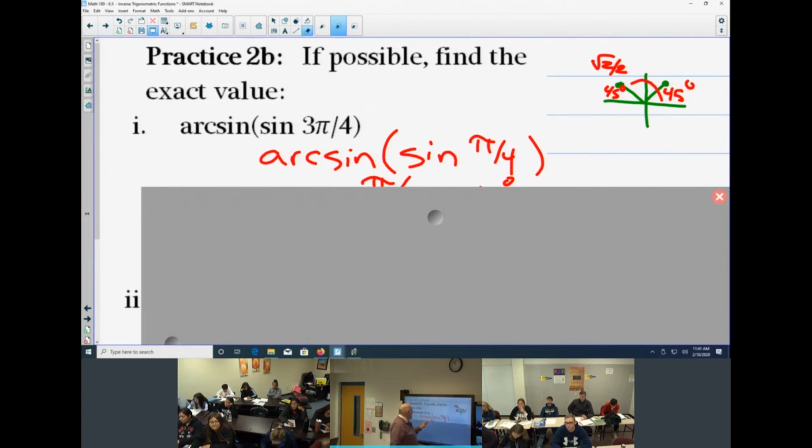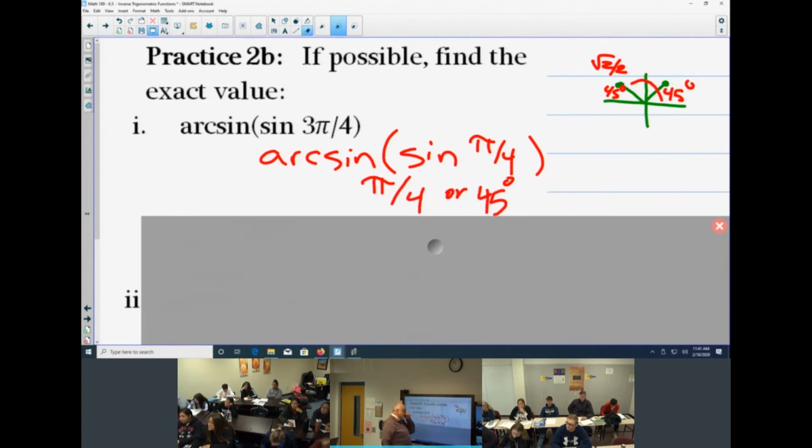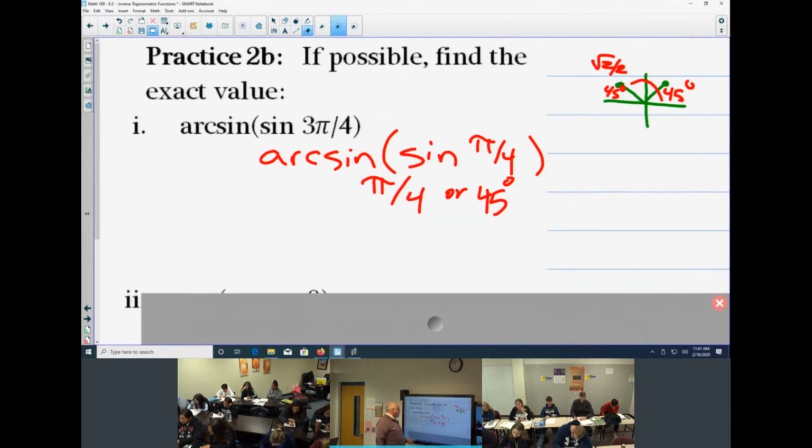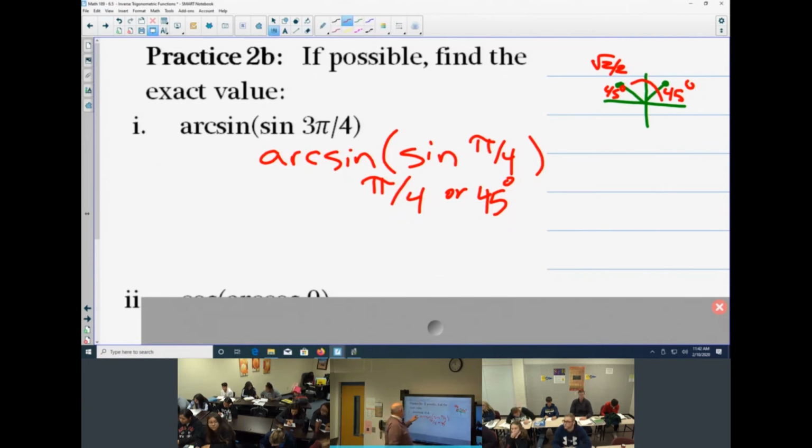Now you can cancel and just get pi fourths, or 45 degrees. The other way that you could do it is kind of the way we were talking about: you could say, all right, the sine of 3 pi fourths is radical 2 over 2.